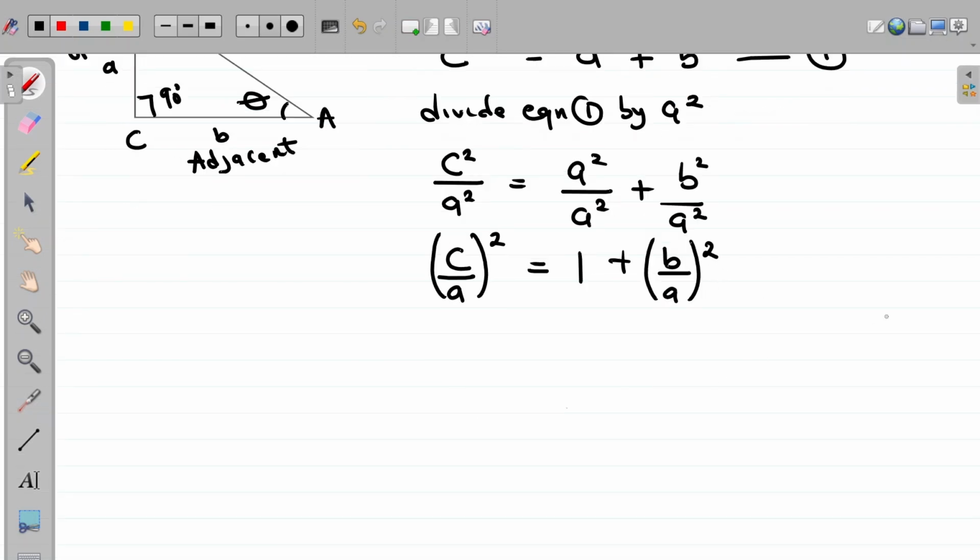Now from our ratio, we obtain that C divided by A is equal to cosec theta and B divided by A is equal to cot theta. So our equation becomes cosec squared theta is equal to 1 plus cot squared theta.